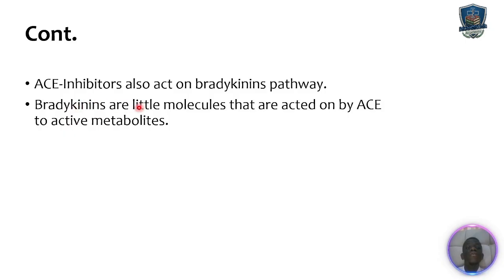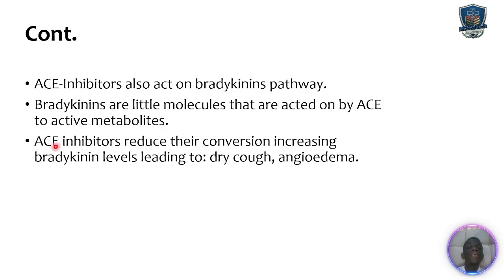The only way to do that is the enzyme involved here, the angiotensin converting enzyme. Now, the angiotensin converting enzyme inhibitors reduce this conversion, increasing bradykinin levels. So when you stop this enzyme, you are going to increase the levels of bradykinins. That's one of the major side effects of using these drugs: despite decreasing our BP, you are going to increase bradykinin.